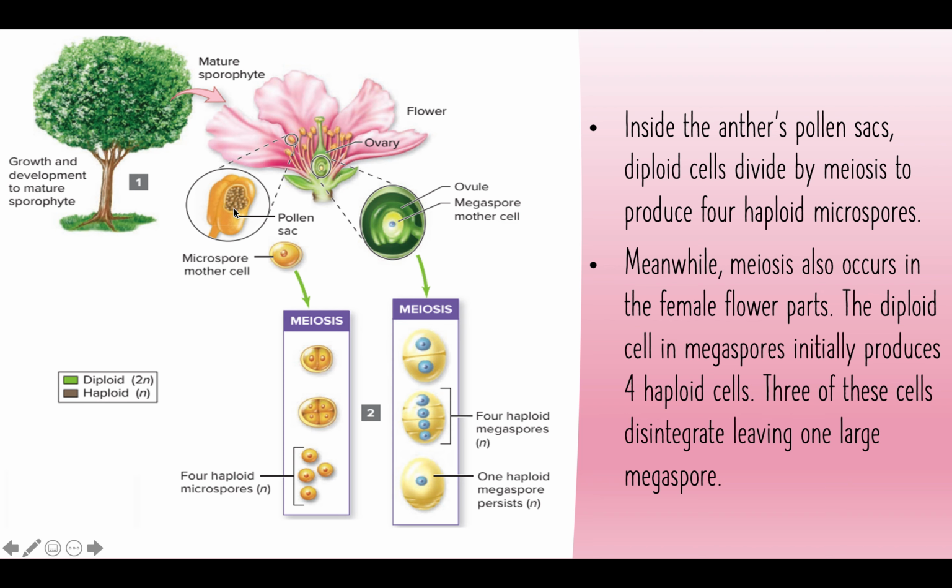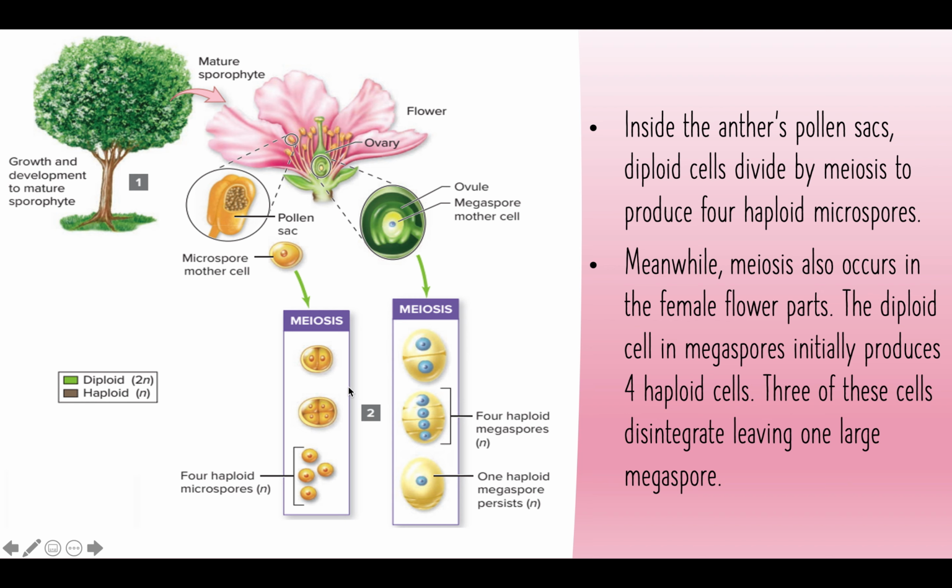Inside the anther's pollen sacs, diploid cells divide by meiosis to produce the 4 haploid microspores. Meanwhile, meiosis also occurs in the female flower parts, and the diploid cell in the megaspores initially produces 4 haploid cells. Now, 3 of these cells disintegrate, leaving 1 large megaspore.